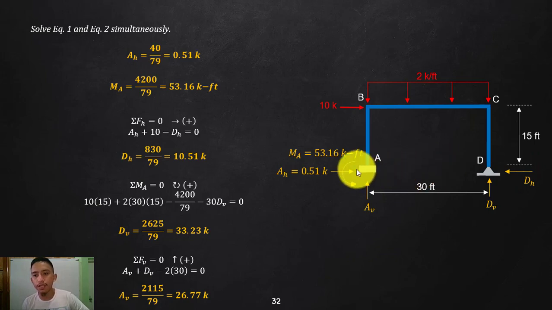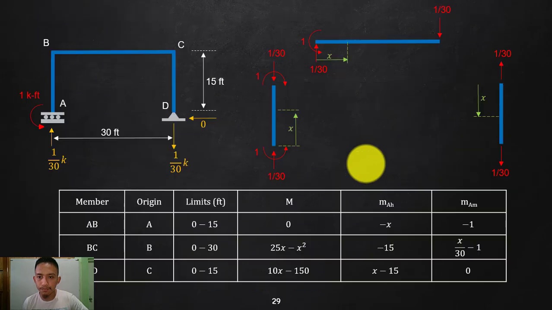So again, if you now need your shear and moment diagram, since you are used to drawing shear and moment, all you need to do is go back to just like what we did here, expose the internal forces, and these are what you are going to use to draw the shear and moment diagram of AB.